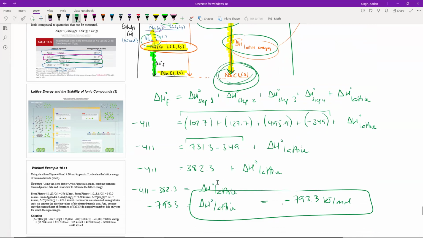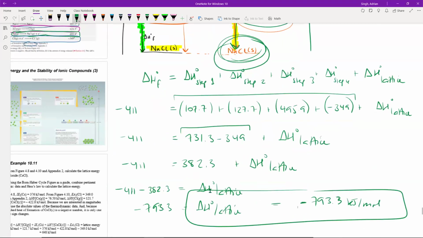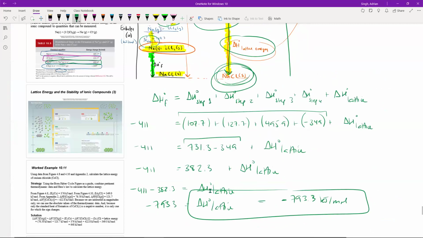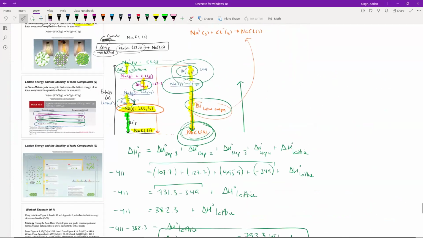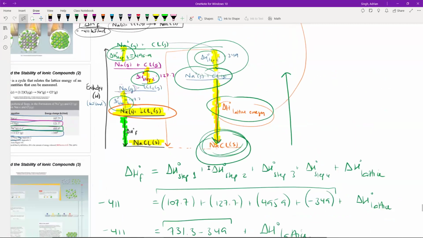So we can calculate that lattice energy by using this Born-Haber cycle that we just constructed over here. The reason why it works is because we can use Hess's law and the whole idea of state functions to make this process here in green going in one step.